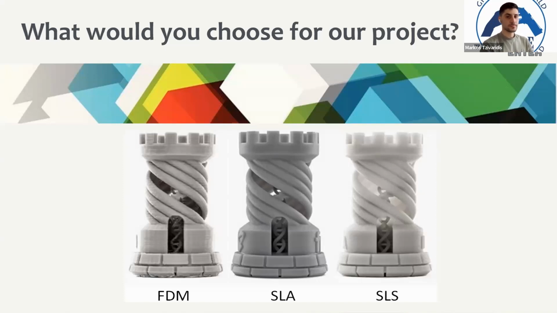as a beginner. Because first of all, it's the cheapest one. The cost of 3D printers and the cost of the materials used are 2 times less than the next one, which is SLA. You can easily fail several times without worrying about the cost of the materials.